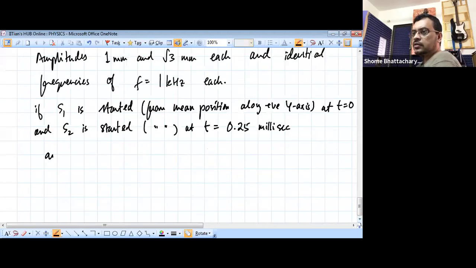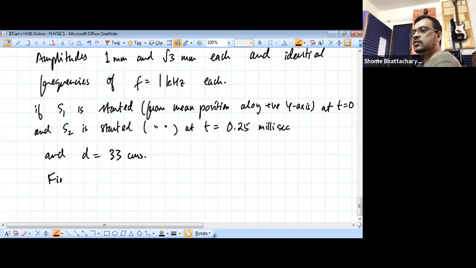And this distance d is equal to, let us say, 33 centimeters.